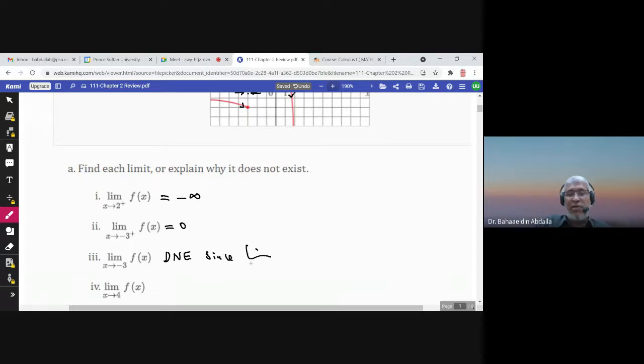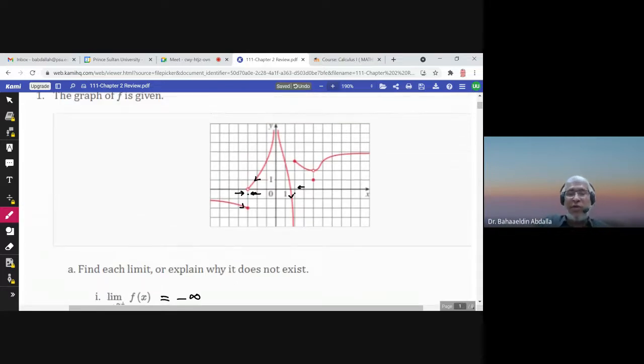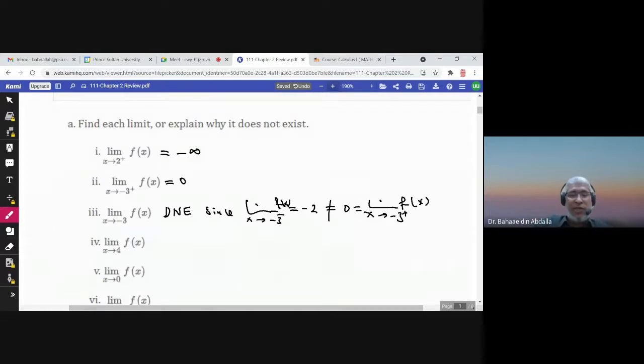So from the right, we found it 0. From the left, it's negative 2. So the limit does not exist.